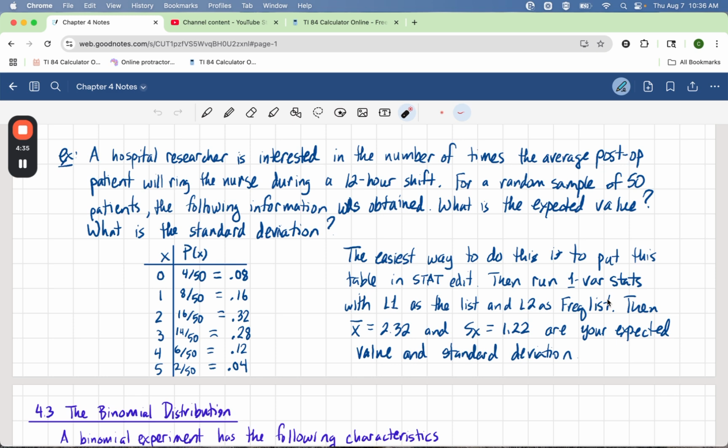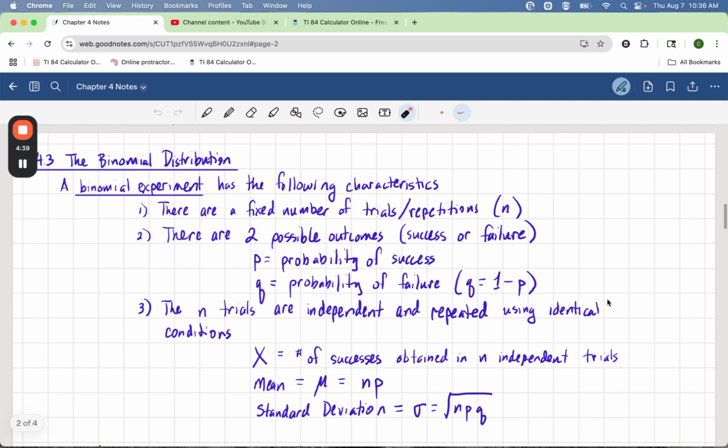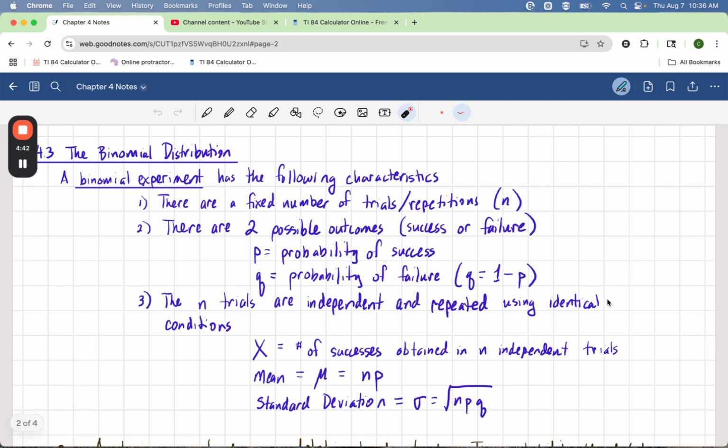Okay, so one of the major discrete PDFs is the binomial distribution. A binomial experiment has the following characteristics. There is a fixed number of trials or repetitions, n. There are 2 possible outcomes, either success or failure. P is the probability of success.